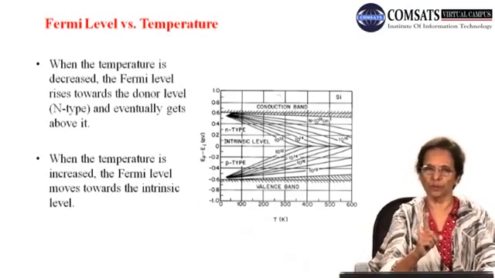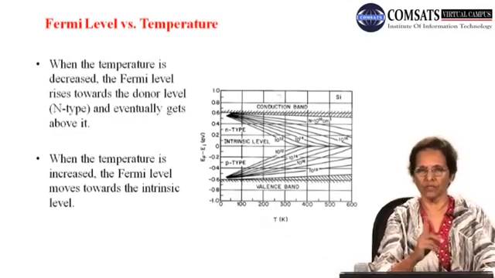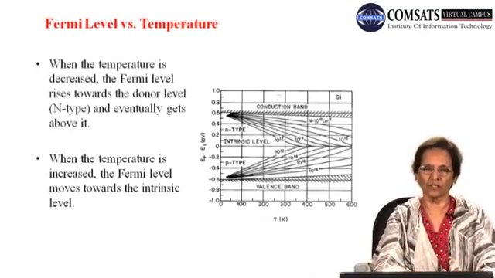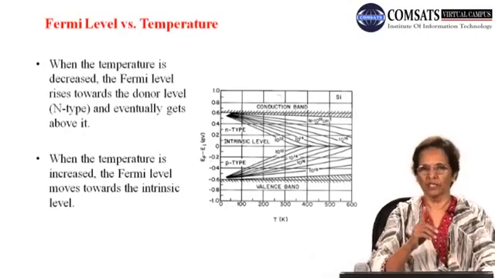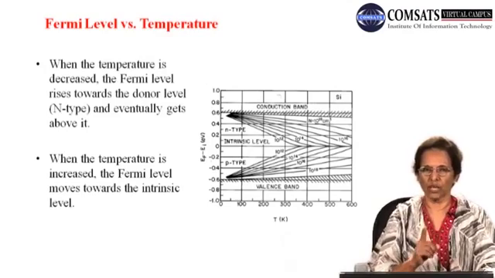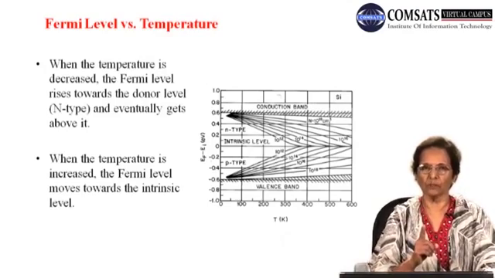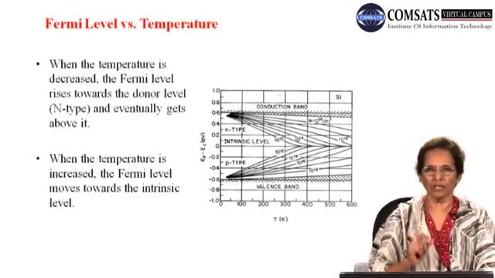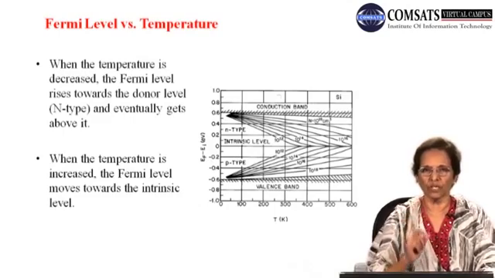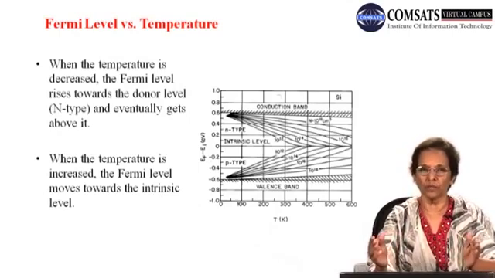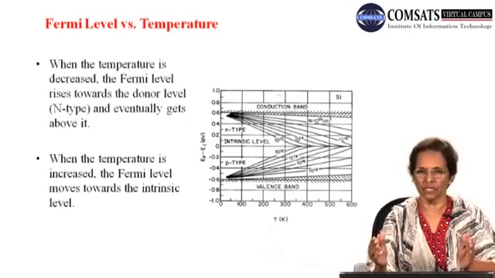Now let's keep the dopant concentration constant for a given extrinsic material. Just vary the temperature. Increase the temperature. What happens when the temperature of the semiconductor material is increased? More and more thermally generated electron hole pairs are being created, and they are created in equal numbers, because we use the term electron hole pair generation.